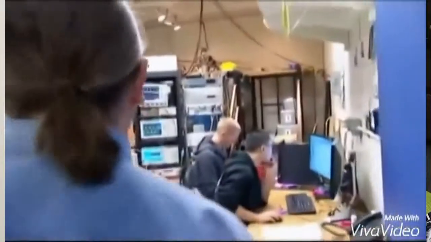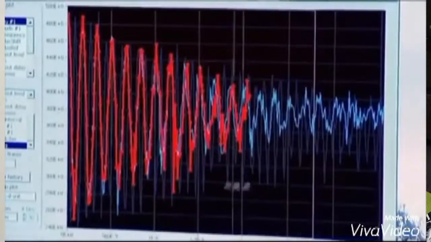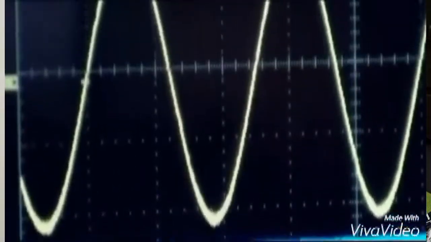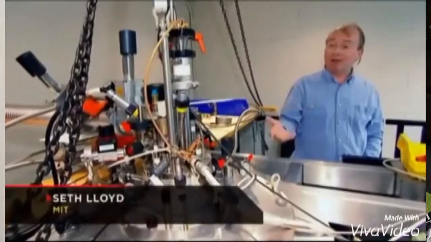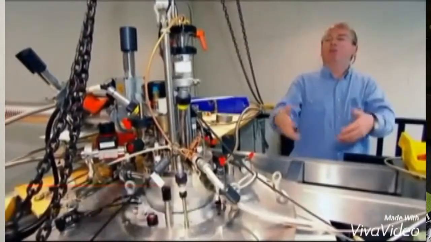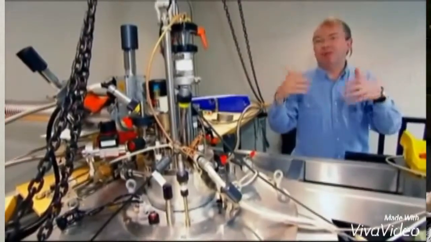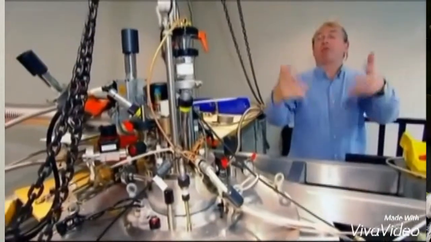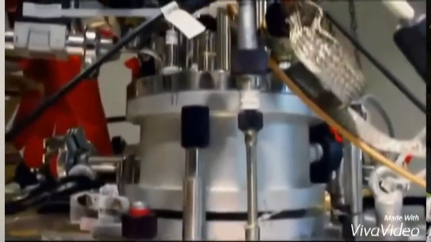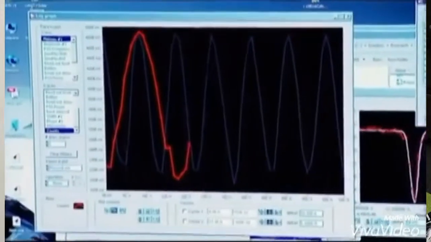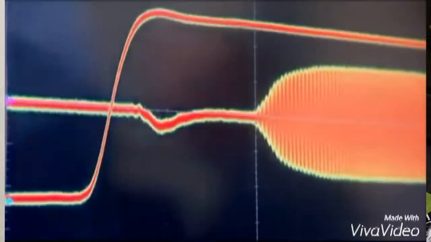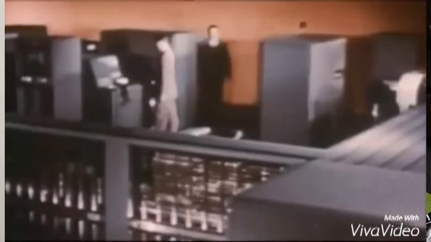At the Massachusetts Institute of Technology, Professor Seth Lloyd has helped create a prototype of a quantum computer, which uses quantum bits rather than traditional computer bits to perform its calculations. This lab has the world's best superconducting quantum bit, or qubit, in it. And when we do quantum computations with qubits, we can have the quantum computer do multiple tasks simultaneously. It can add 2 plus 2, can add 1 plus 3, and it can add those two things simultaneously.